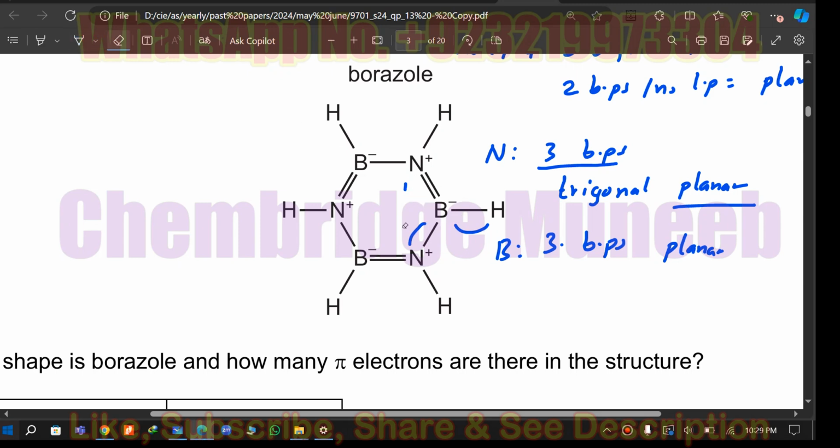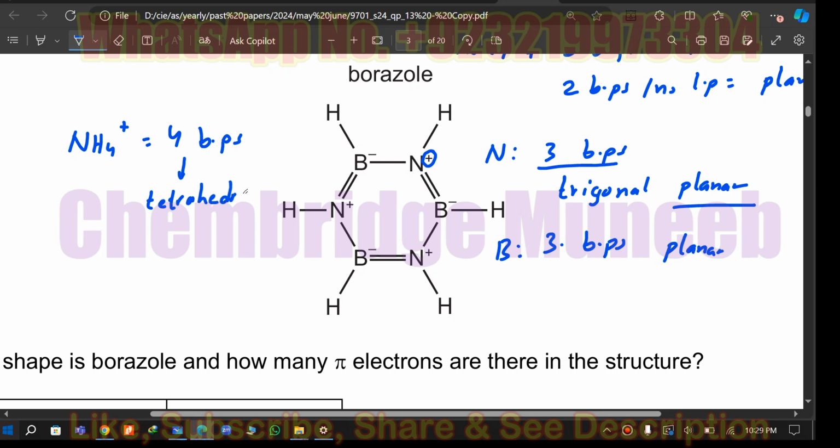As I told you about the nitrogen, that it had 3 bonding pairs, we also needed to see if it contains any lone pair. So no, nitrogen doesn't contain any lone pair here. Although we can see there is a positive sign here and it should match with NH4 positive, in the case of the ammonium ion there were 4 bonds or 4 bonding pairs, and as a result the structure was tetrahedral.